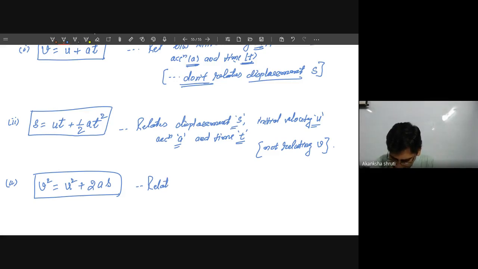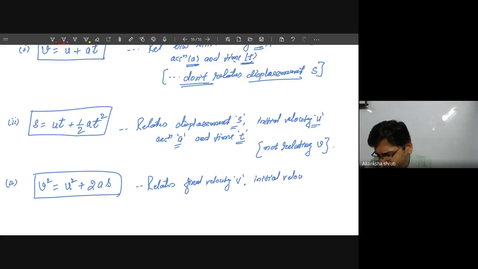So it relates final velocity v, initial velocity u, acceleration a, and displacement s.